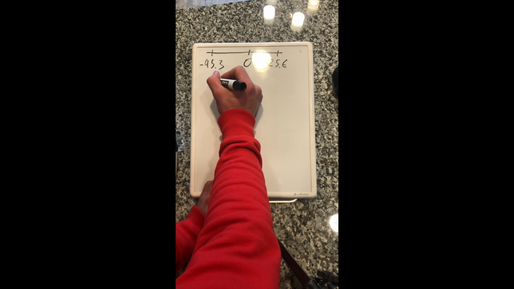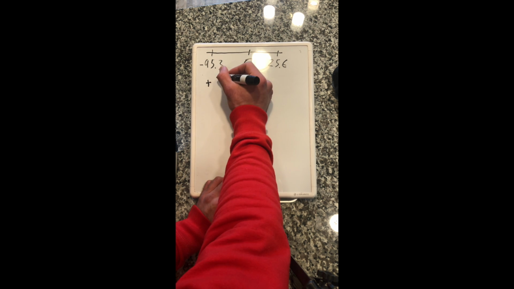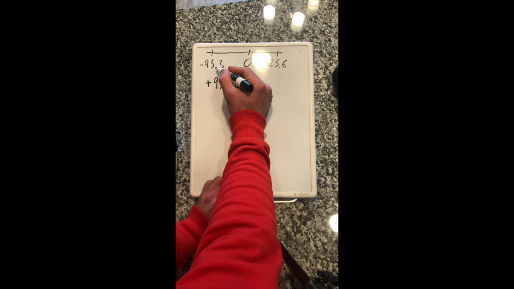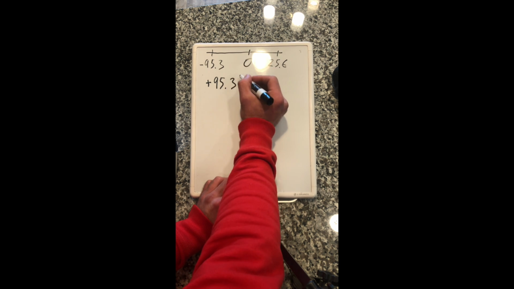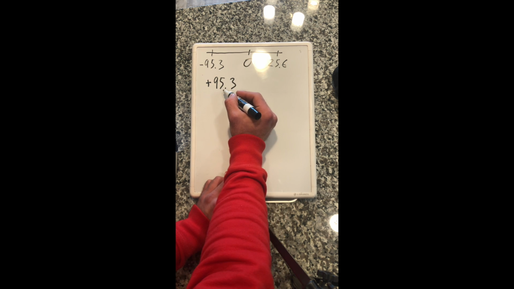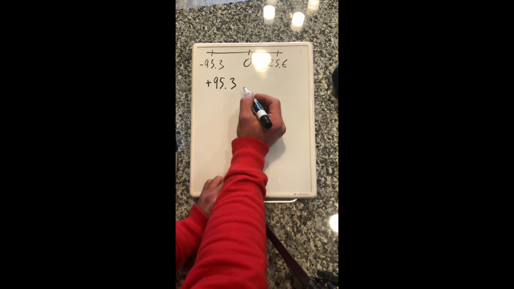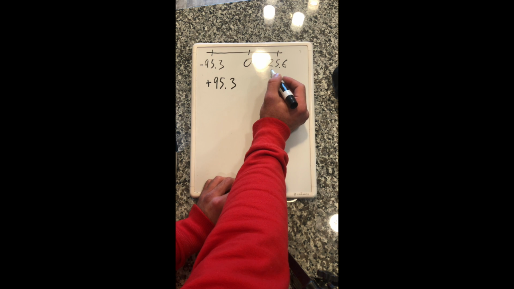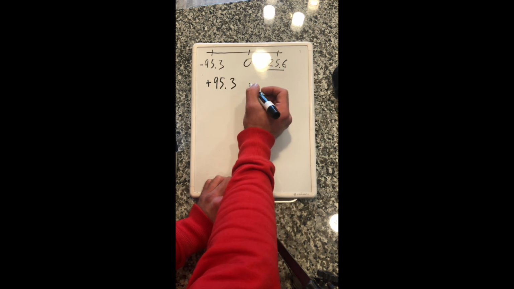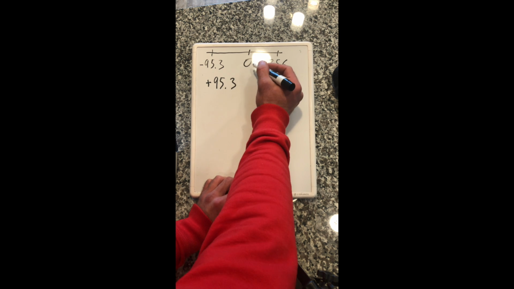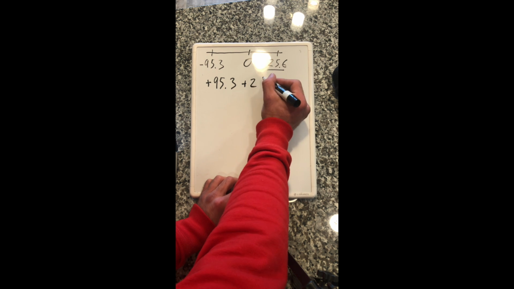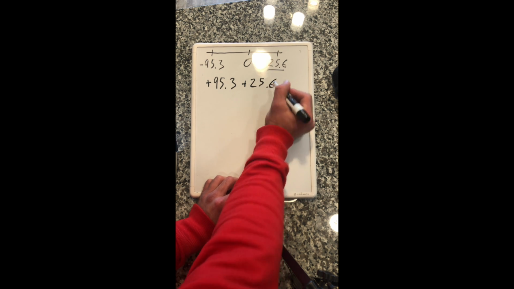So why don't I add a positive 95.3 to this? And it'll bring it to 0. So 95.3 negative plus 95.3 positive is going to equal 0. And I still need to get to 25.6 because I'm finding the difference of these two values. So I already offset it to 0, so I need to do plus 25.6.